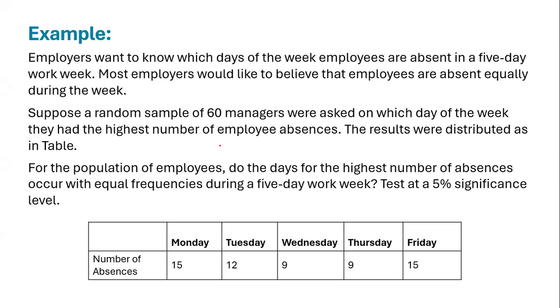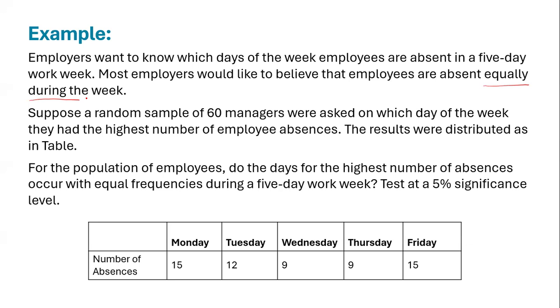It says employers want to know which days of the week employees are absent in a 5-day work week. Most employers would like to believe that employees are absent equally during the week. Suppose a random sample of 60 managers were asked on which day of the week they had the highest number of employee absences, and the results were distributed as in the table.